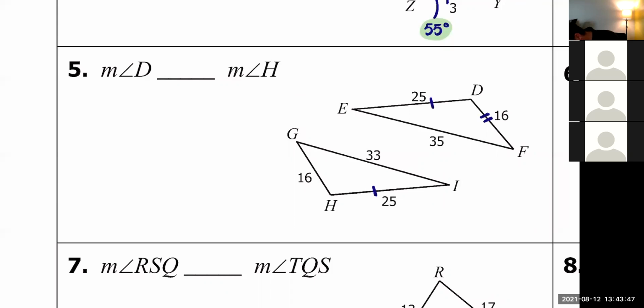So DF and GH are congruent, which means the side not in that comparison is the 33 and the 35, which is opposite the included angle. Which one's bigger? 35. 35 is longer, so which angle is larger? D.